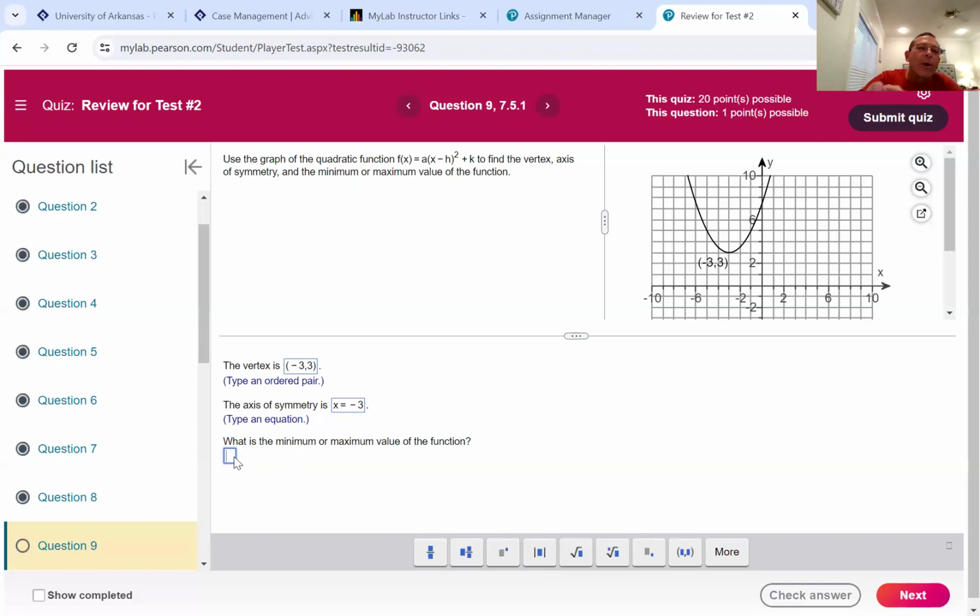You know it's going to be 3. There you go. So the 3, the y value, is your min or max value. The x value is the line of symmetry. Okay? All right, so let's move on. I don't mind that one because they're pretty much giving you the information.